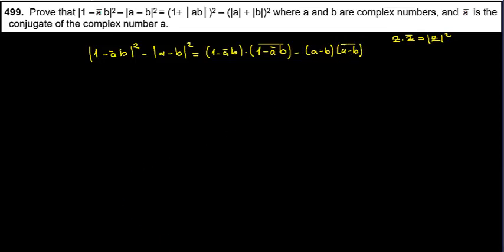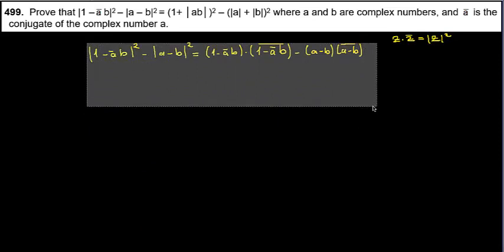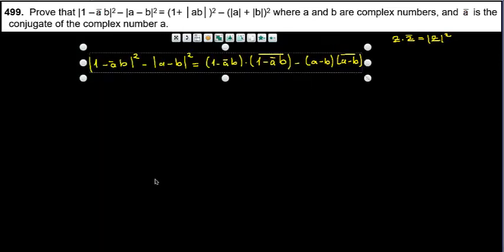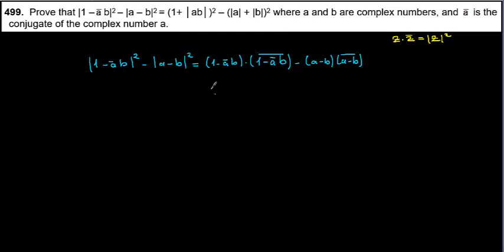I'm going to get a bit down and change the color to blue. Okay, then this is going to be equal to, firstly, 1 minus A conjugate B, it's going to repeat, only I'm going to put the conjugate sign inside: 1 minus A conjugate B times 1 minus A B conjugate.